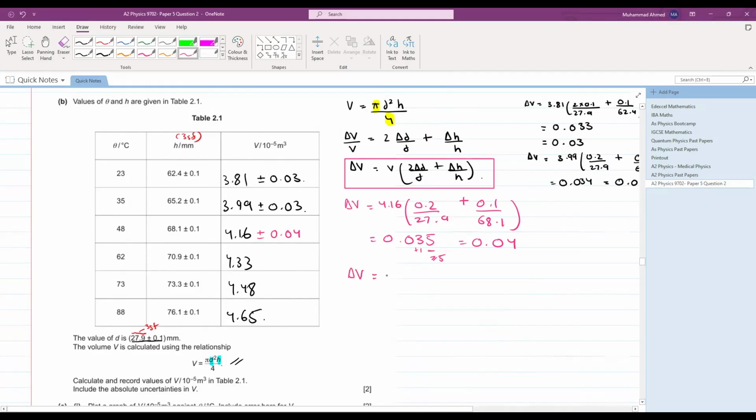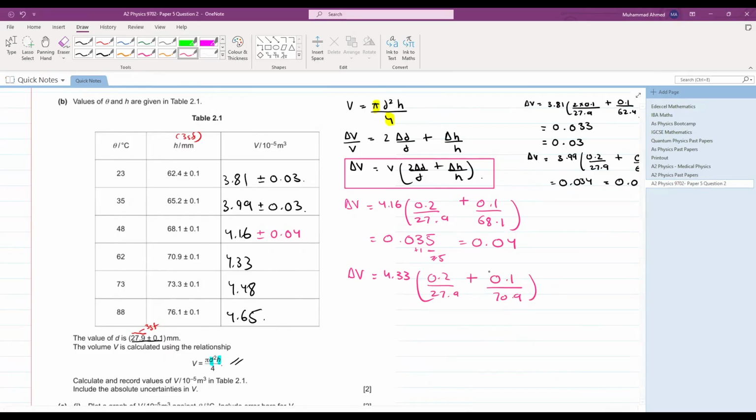Absolute uncertainty in volume is equal to what? 4.33. Perfect. 0.2 divided by 27.9. Perfect. Plus, what is the absolute uncertainty in H? 0.1 divided by 70.9. Can you calculate this answer? Very, very easy.